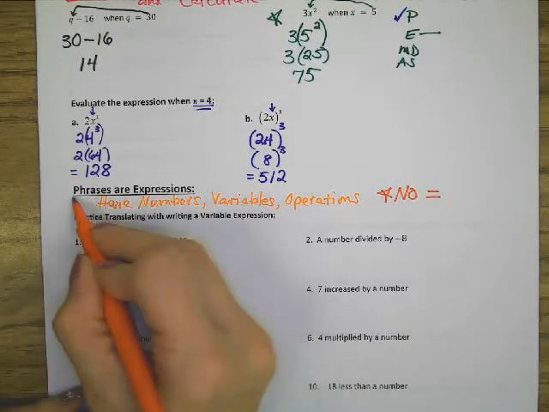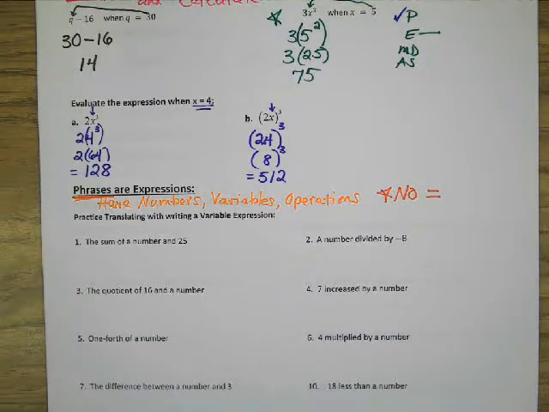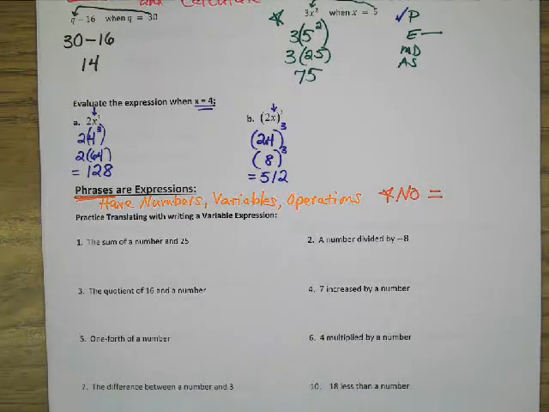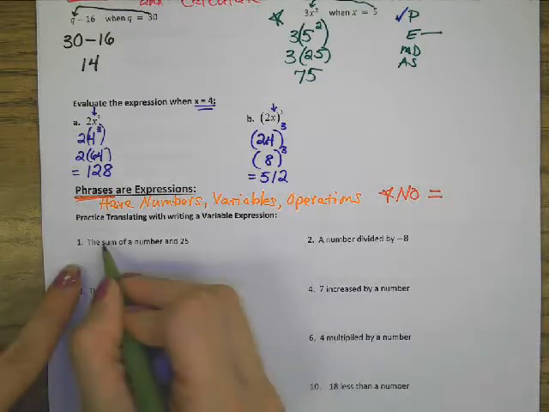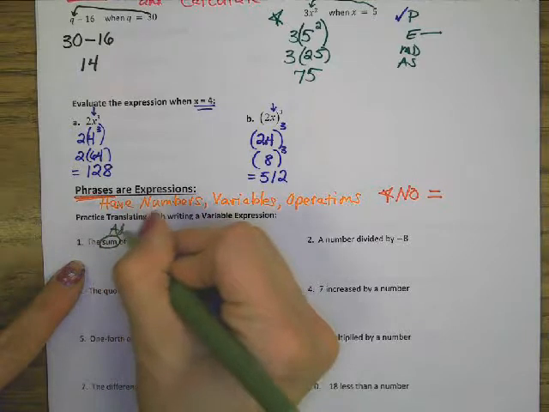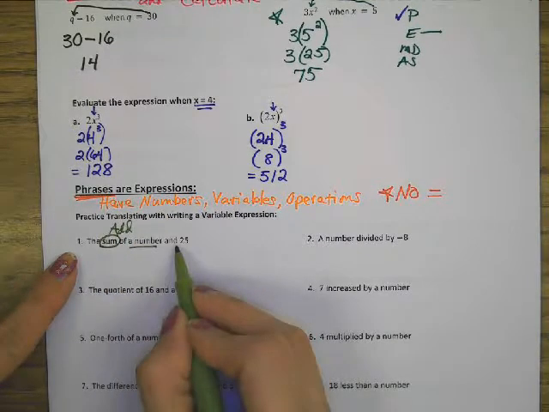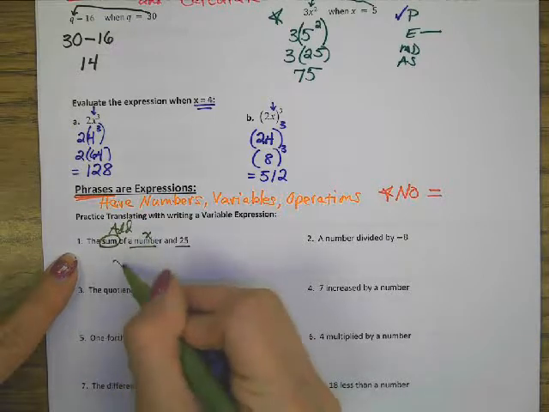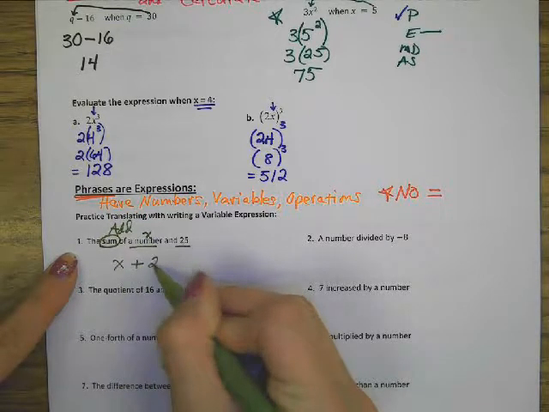Okay, so let's try writing this. We're going to find the important words and circle them. The sum. Sum means to add. I have to add a number and 25. I'm going to call the number x. So x plus 25. When you're taking the test, circle the important words and translate one thing at a time.